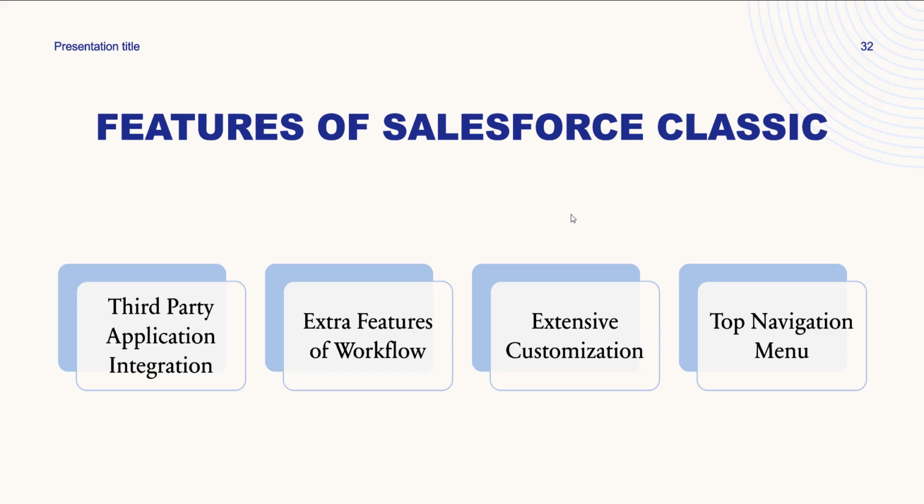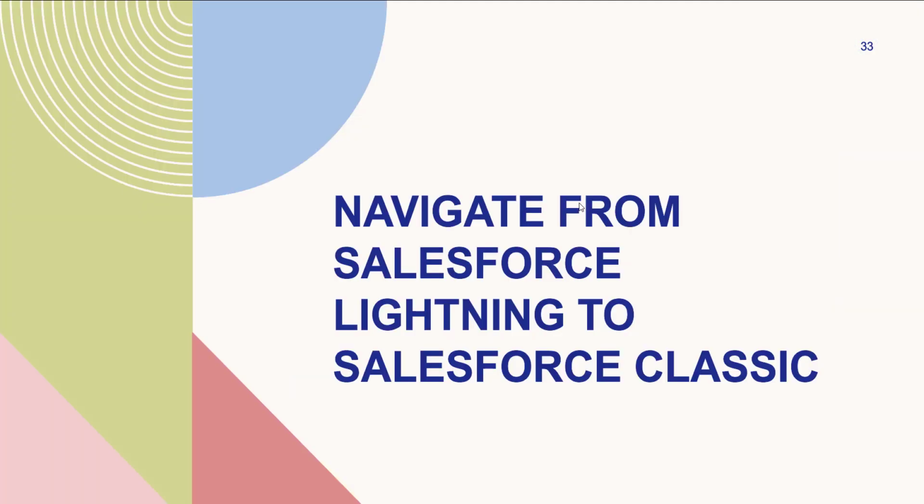So these are some of the features of Salesforce Classic. Now, as we have two user interfaces in Salesforce, the first one is Salesforce Lightning and the next one is Salesforce Classic. So now the question is how we navigate from Salesforce Lightning to Salesforce Classic. So let's learn the navigation from Salesforce Lightning to Salesforce Classic.